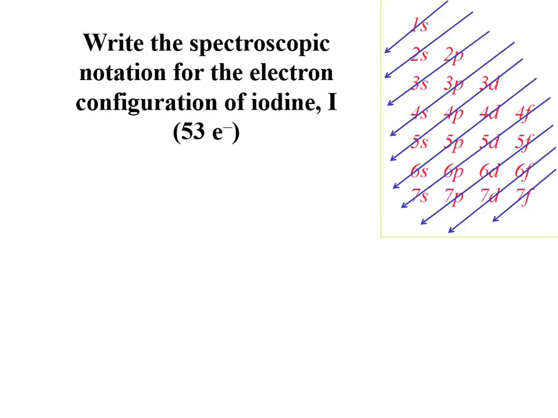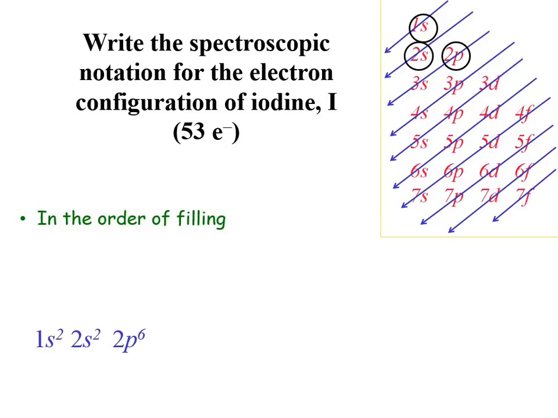Let's do 53. We can do it. Let's zoom up to krypton, because we did that before. So it goes 1s2, then 2s2, 2p6. Then we reach neon.